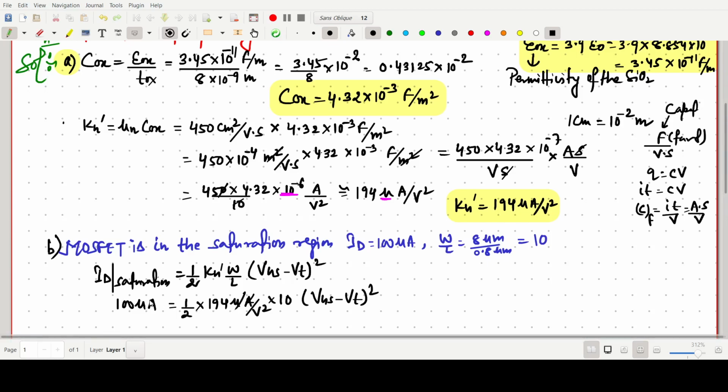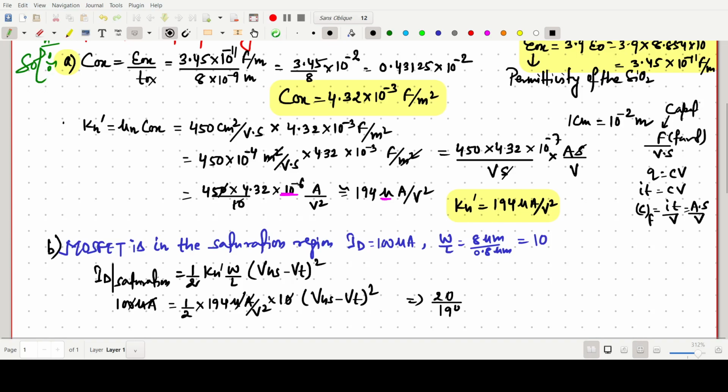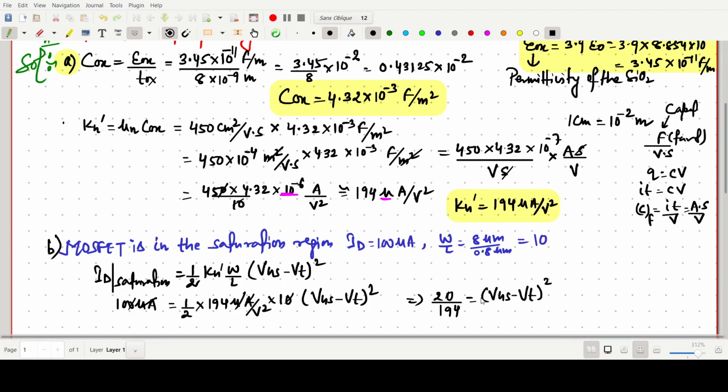So this microampere cancels. Then this zero cancels. So one can write then this 2 into 10, so 20 by 194 we can write VGS minus VT whole square.